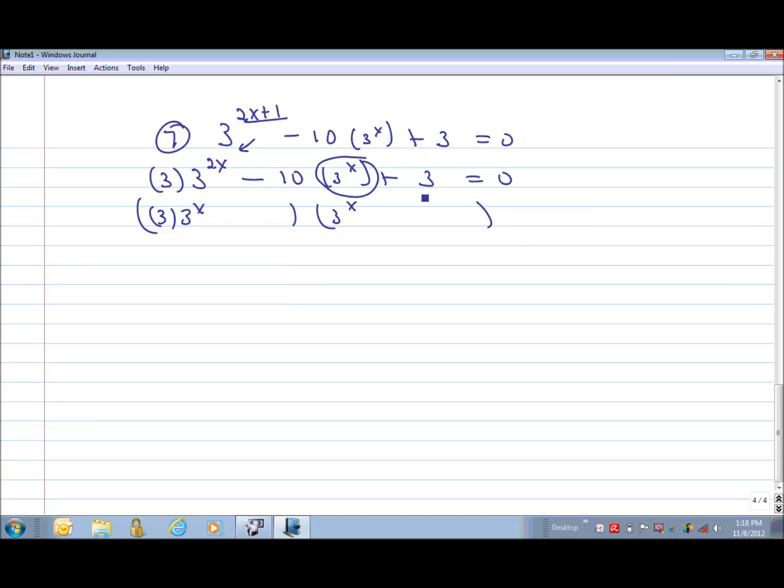Now I need numbers that multiply to 3, but the whole thing will add to negative 10 when I FOIL this. It's basically the only way I get to 3 is 3 and 1. 3 times 3 would be 9, and if I put a 1 here, I have another 3. So I have 1 and 3, 1 times 3. I need both of these to be negative.